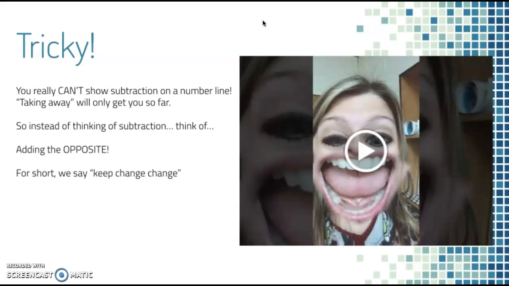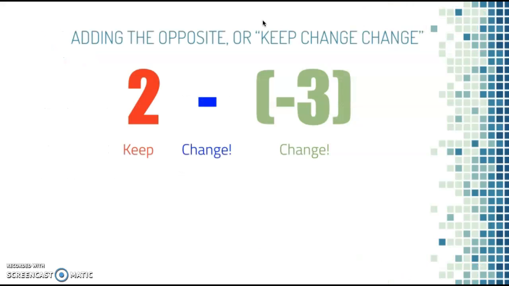opposite is keep, change, change. To add a number's opposite, we're going to keep the sign of the first number. We're going to change subtraction to addition. And then we're going to change the sign of the number after it.